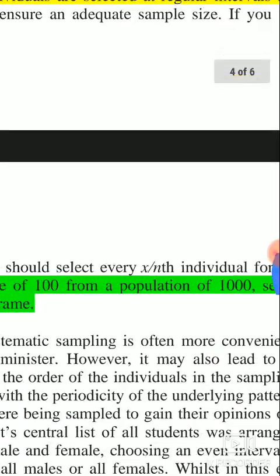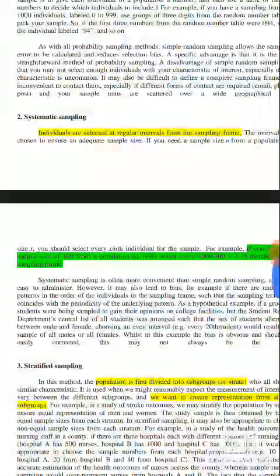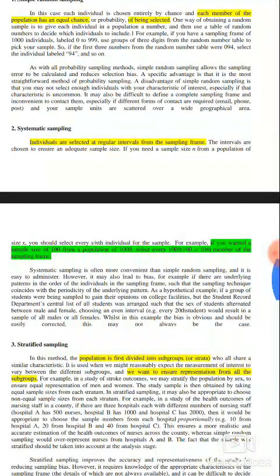That means, see here in the green shaded area, if there are 1000 people in the population and out of 1000 you want 100 people as a sample, you have to follow some formula, that is: total population divided by number of samples required.